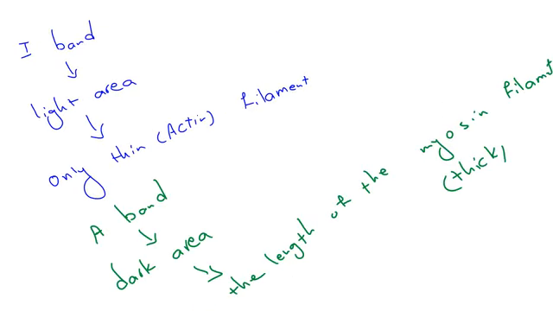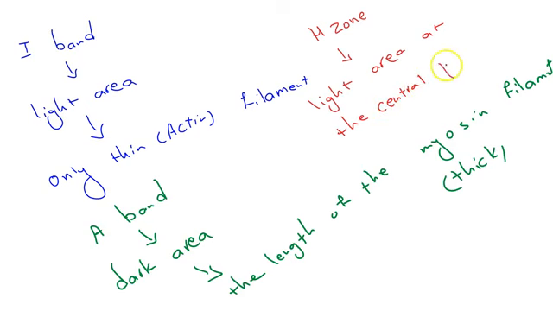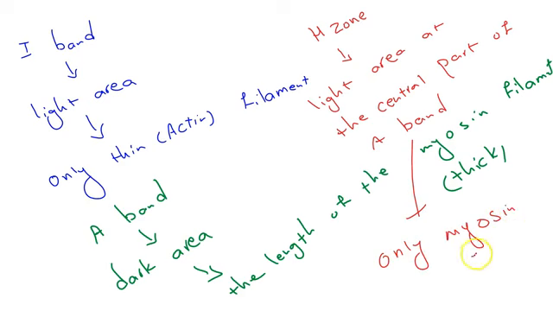So please take note that the H zone is the light area at the central part of the A band, which is actually composed of only myosin. Only myosin filament is going to be found here. There is no actin.